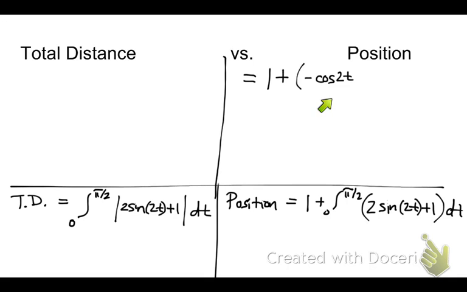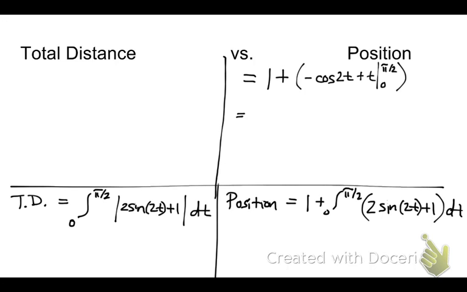And you can check to make sure we did that correctly, because if you take the derivative of negative cosine of 2t, cosine's derivative is negative sine, so those negatives would cancel. The derivative of the 2t would be 2, so that's where that extra 2 comes from, so that way you know you've done it correctly. And the integral of 1 is just t, so plus t. And we're going to do the fundamental theorem of calculus from 0 to pi over 2.